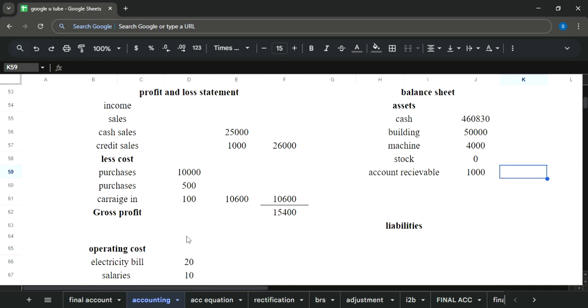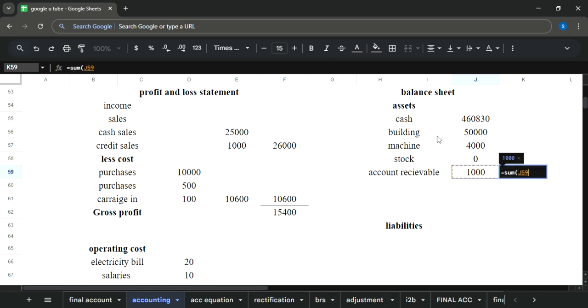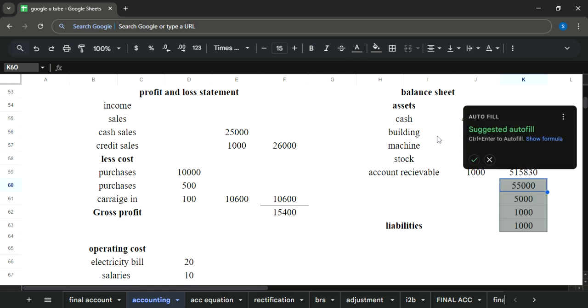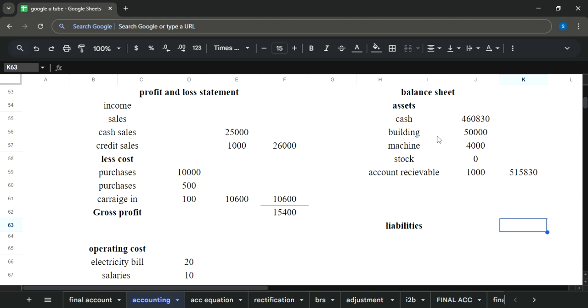In this way, all of the assets mentioned in our transactions are recorded and we will take the sum of these assets, and the sum we have calculated is 515830.